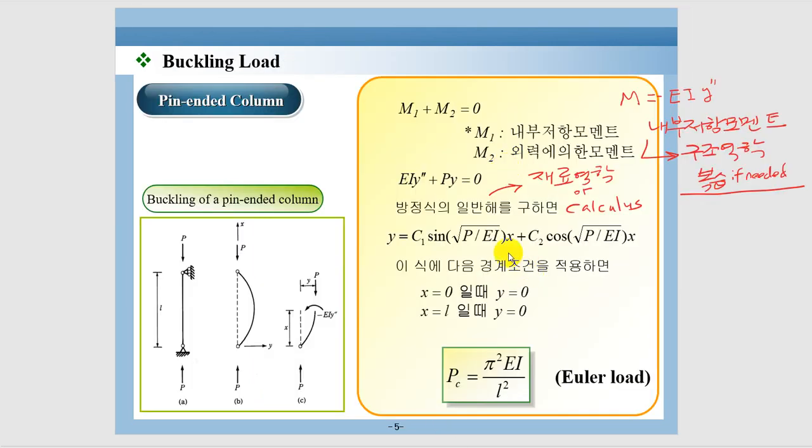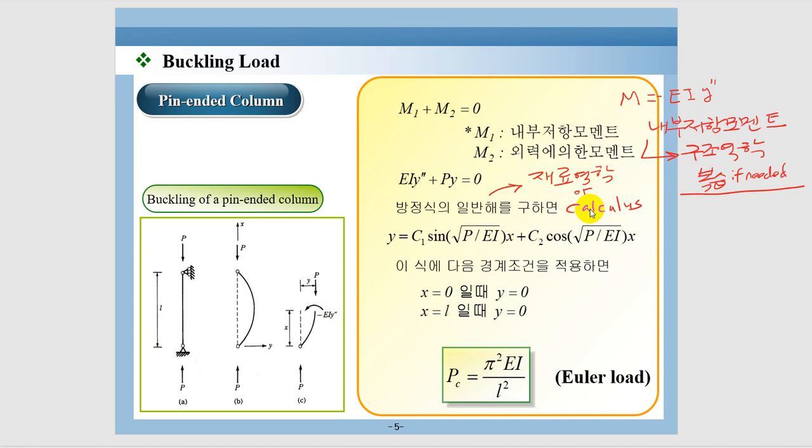Okay, this is a little difficult part for those who do not recall the structural analysis, mechanics of materials, or calculus, right?